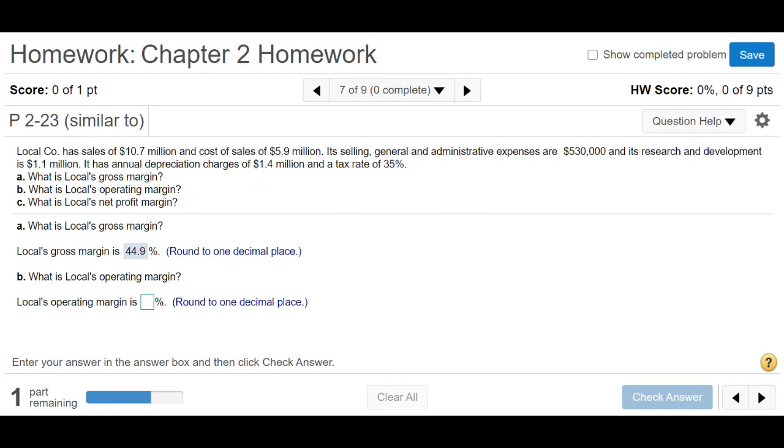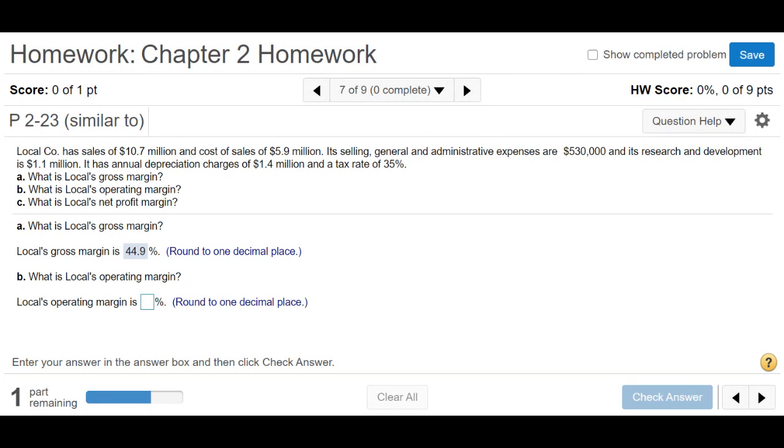4,800,000. Right? We got to put the whole thing down. This thing is so tricky. So now you're going to say minus 530,000.